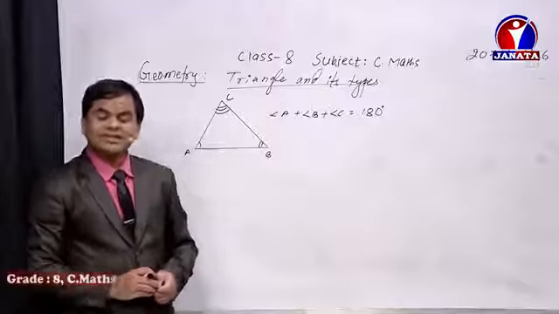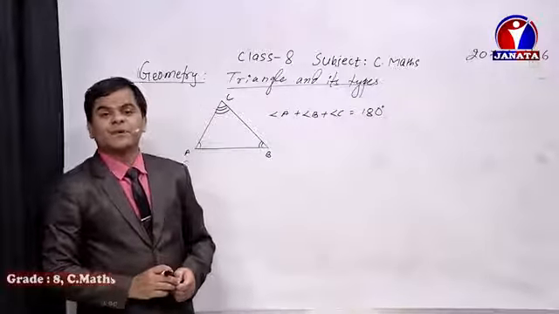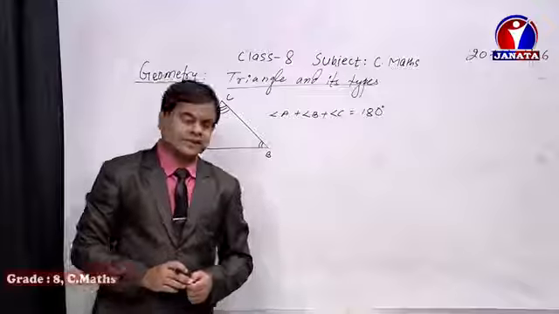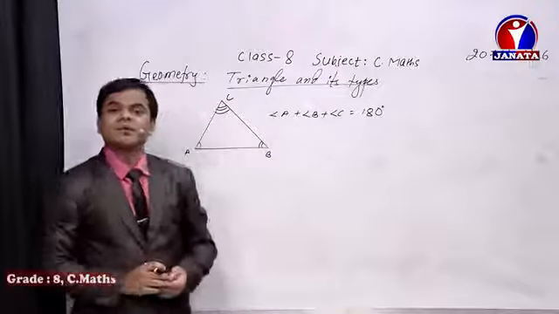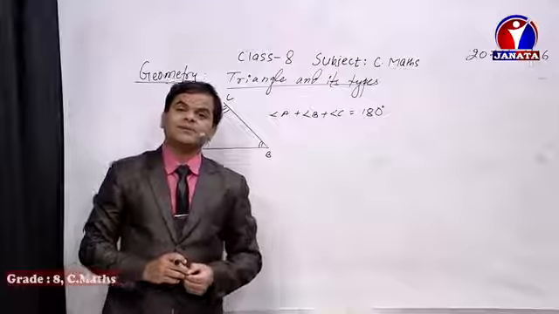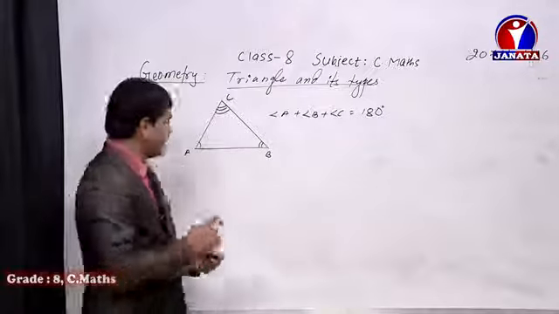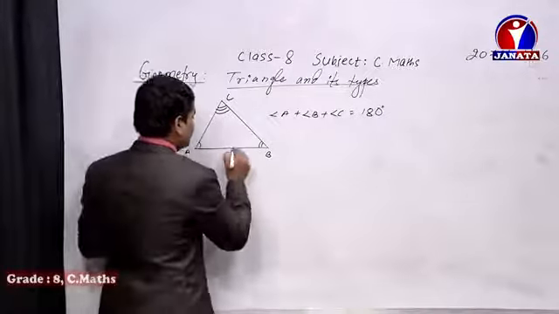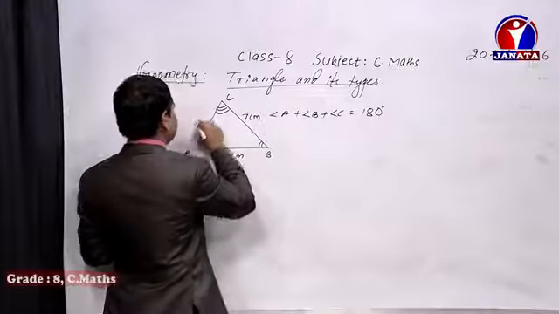But one thing should be kept in mind, dear students: when we do the experimental verification, the sum of the length of the three sides of the triangle, that means the perimeter, should not be less than 12 centimeter. For example, this is 7 centimeter and this one is 8 centimeter.